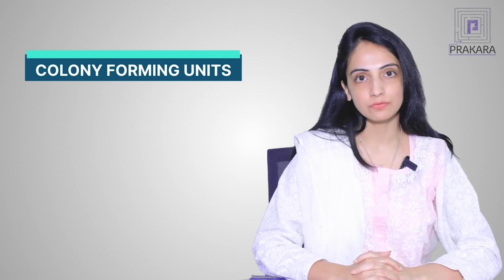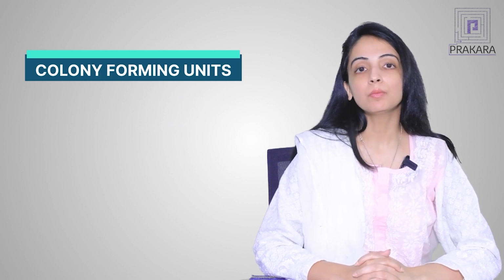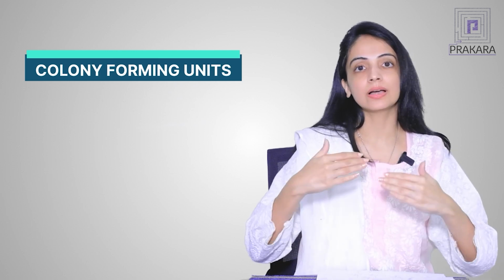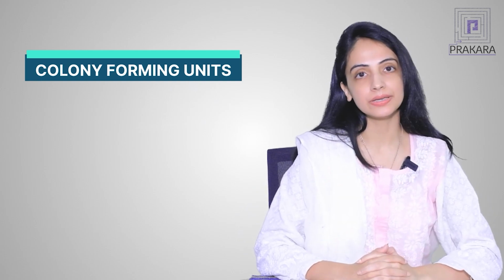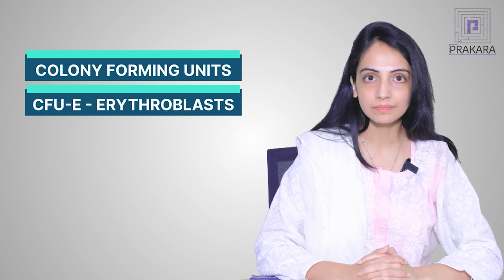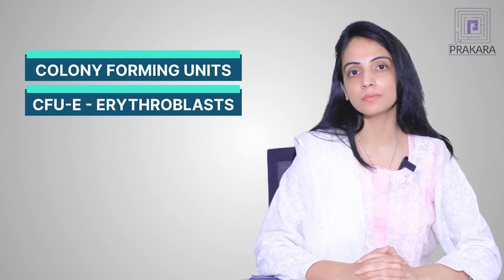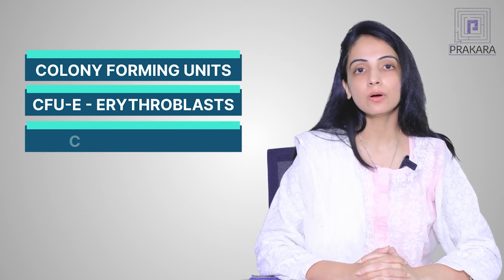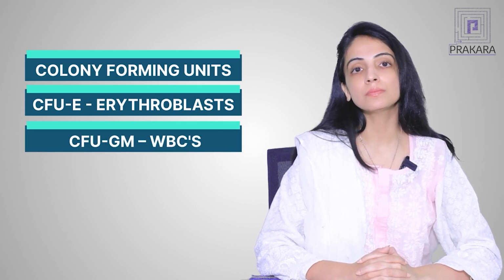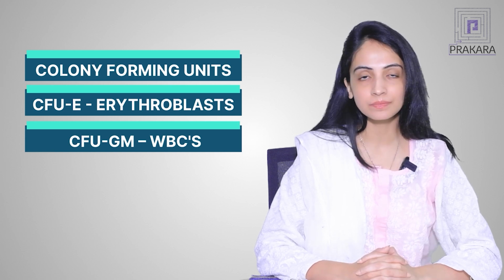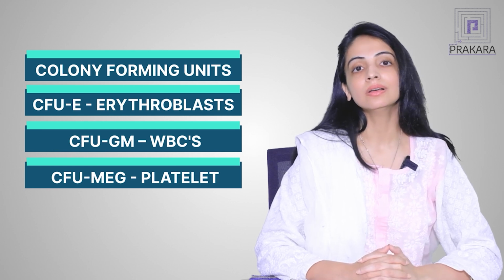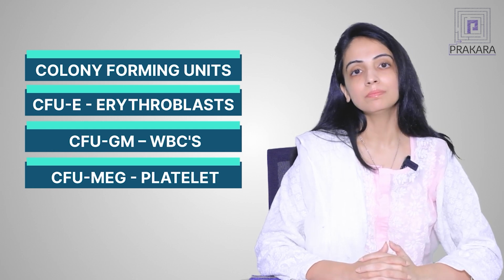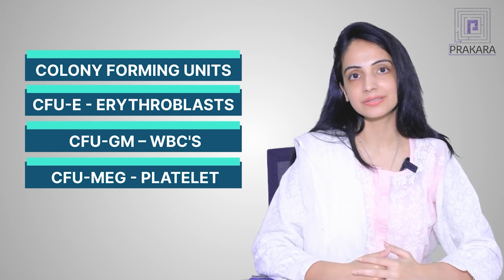Depending upon the colony that they are forming, the group of cells, they can be CFU-E, colony forming unit E, which forms erythroblasts, CFU-GM, which forms a majority of the WBCs, that is the granulocytes and monocytes, and CFU-MEG, which forms the megakaryoblast or precursors to platelets.